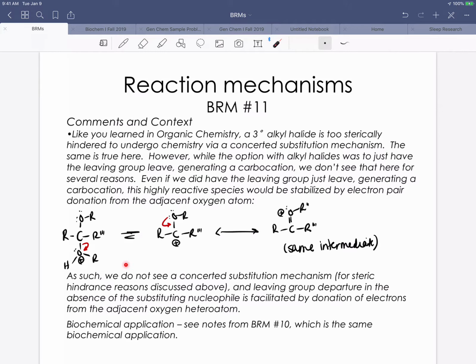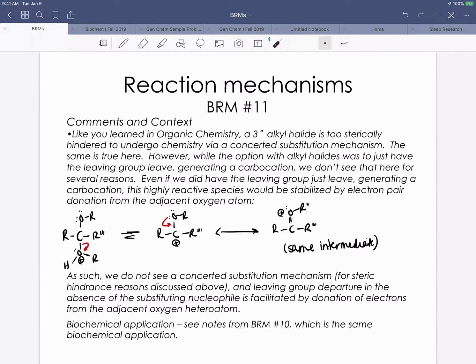Really, it's a concerted effort, with this lone pair of electrons coming down first to facilitate the departure of this leaving group. Again, we don't see a concerted substitution mechanism for the steric hindrance reasons we talked about on the previous slide, and leaving group departure to generate a carbocation is just not something that's really seen.